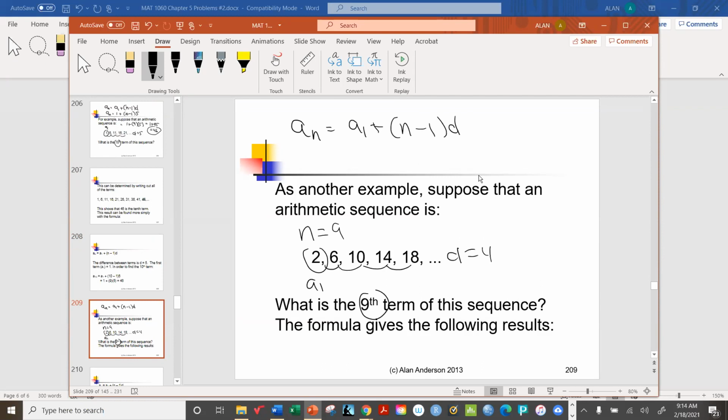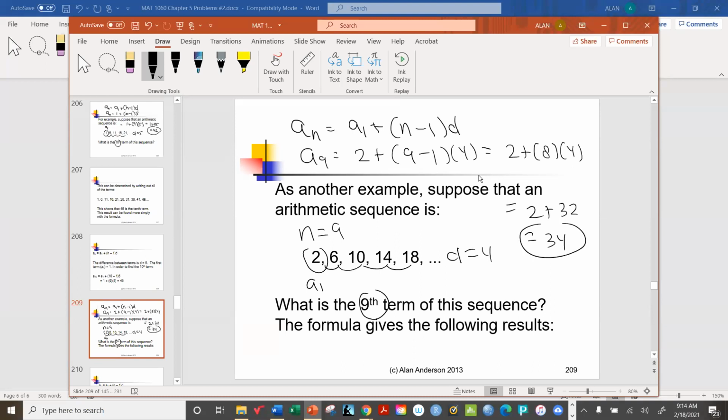And so A9 is 2 plus, the first term is 2, 9 minus 1 times 4. So you got 2 plus 32, 34. All right, so in a second, when you're done with this, I'm going to scroll ahead and I'll show you on the next slide that it is in fact 34. Literally just by listing them out, you can find that the 9th term is 34.